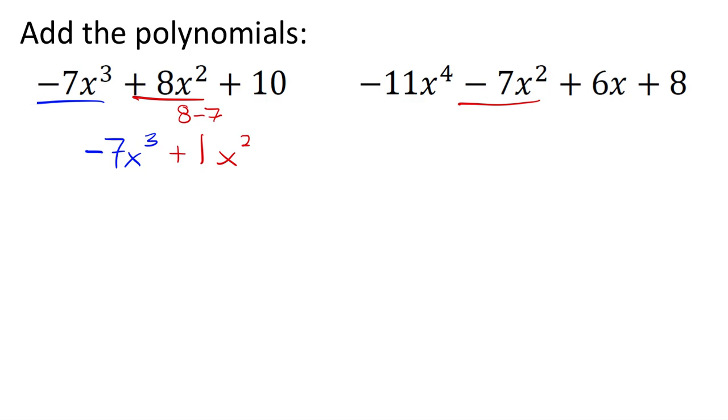My next term is a constant, positive 10. There's no x bases with it, and so scanning this from left to right, the next positive or constant term I see is positive 8. So really what I have is 10 plus 8, which is positive 18.